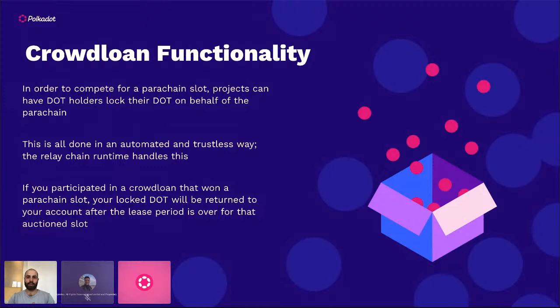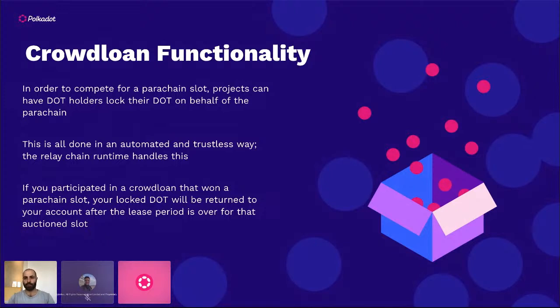The way that this makes it an immense improvement to the 2017 ICO model, where you would just pass your token off to some random address and hope that you see some sort of interaction from the team that you sent your tokens to, with no guarantees of getting it back, is that the DOT is actually locked up inside of the relay chain.